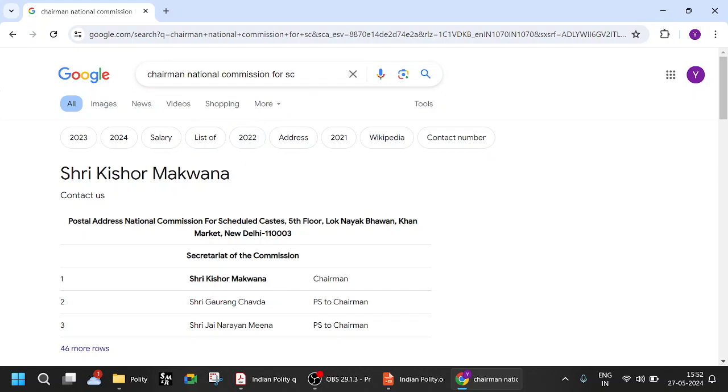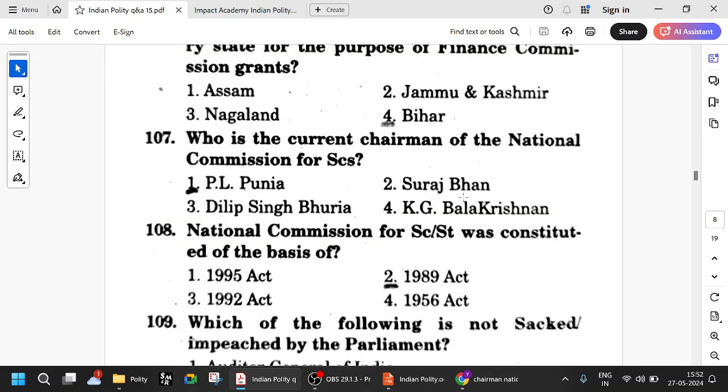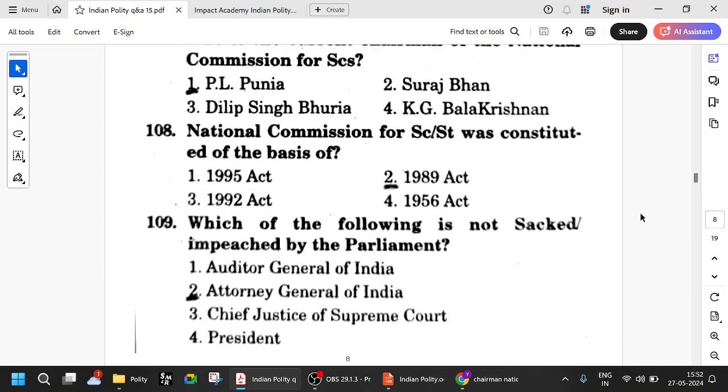Remember that he is the chairman. Don't remember these things from here. The National Commission for SC ST was constituted on the basis of the 1989 Act. Very important.